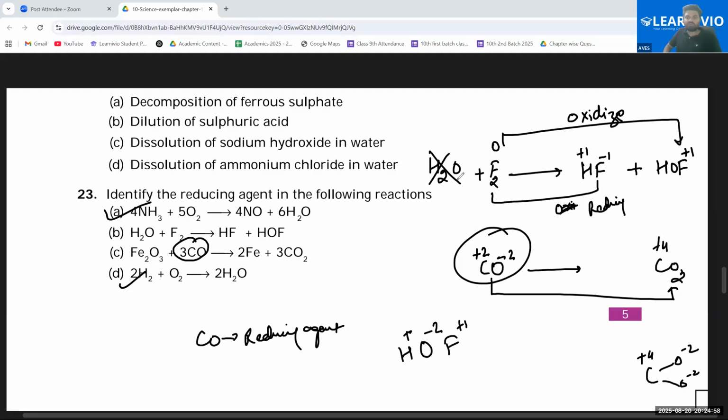Yes, sir. Because the oxidation state of hydrogen and oxygen is not changing. Here it is +1, here it is also +1, and oxygen is -2 here also. The oxidation state of fluorine is changing. Here it is -1, here it is +1. So this type of reaction is also an example of a disproportionation reaction, in which a single substance is oxidized as well as reduced. Got it? Noted everyone? Yes, sir.